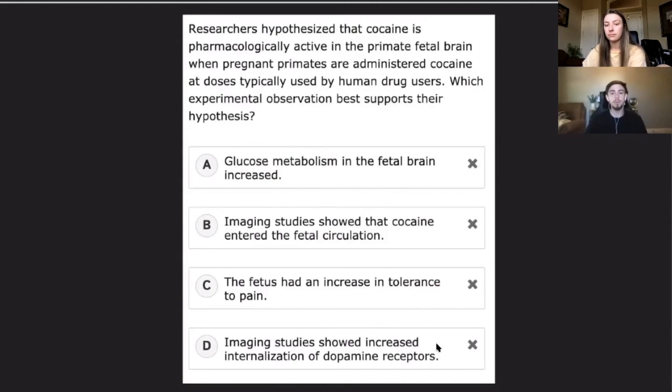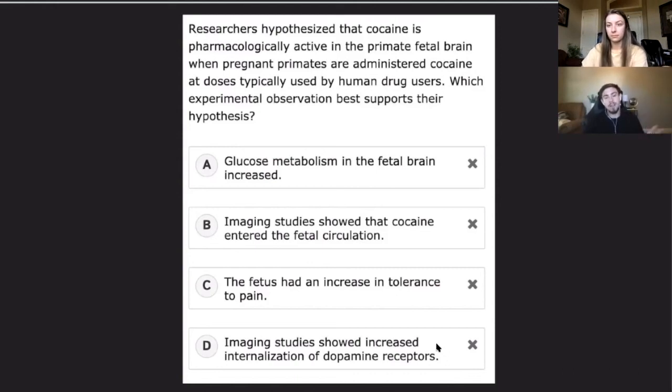So we know that cocaine works with dopamine, and so we're looking for an answer choice that says dopamine. They give us D as the incorrect answer choice, but to make it attractive, they use the word dopamine, whereas the correct answer is glucose metabolism in the fetal brain increases.